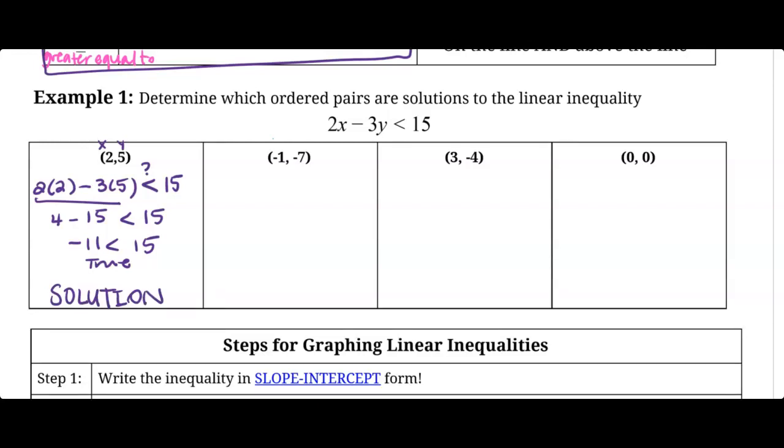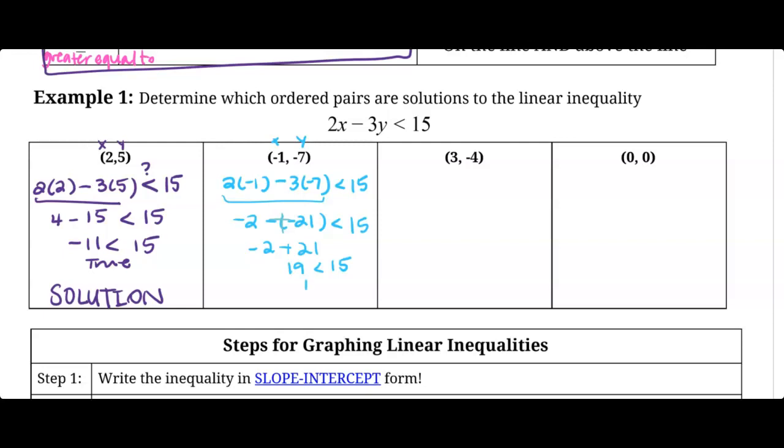We can then plug in negative 1, negative 7. So again, plug into x and y. 2 times negative 1 minus 3 times negative 7 is less than 15. When we simplify this, we get negative 2 minus negative 21, less than 15. Remember that a double negative makes a positive, so negative 2 plus 21, which is 19, is less than 15.